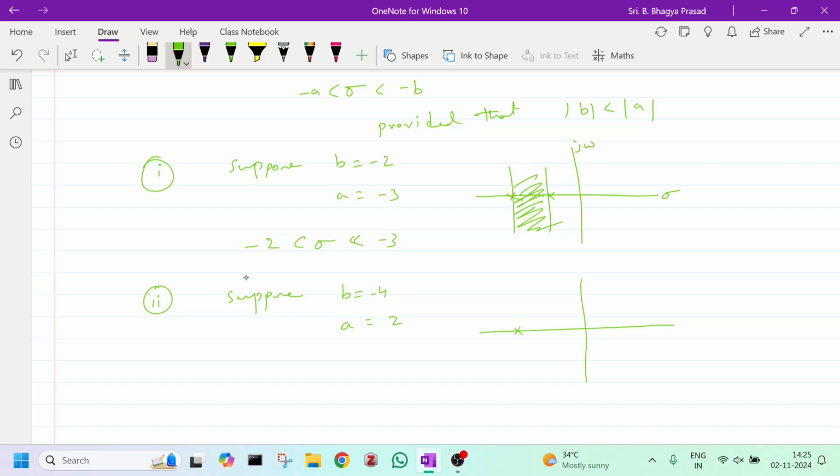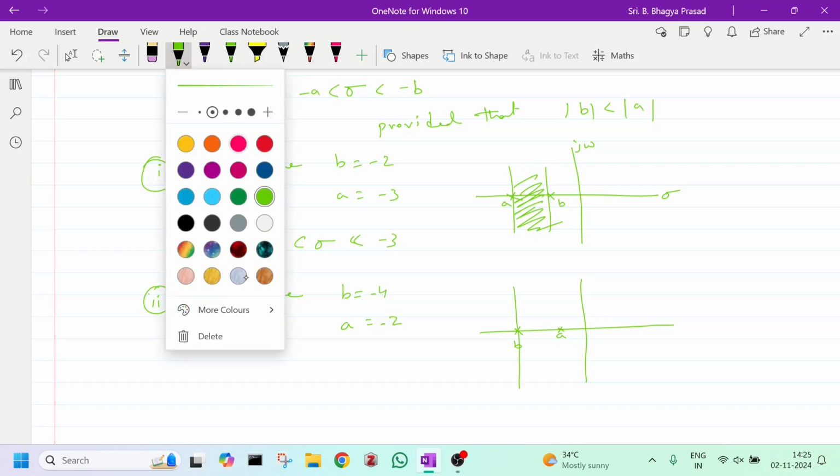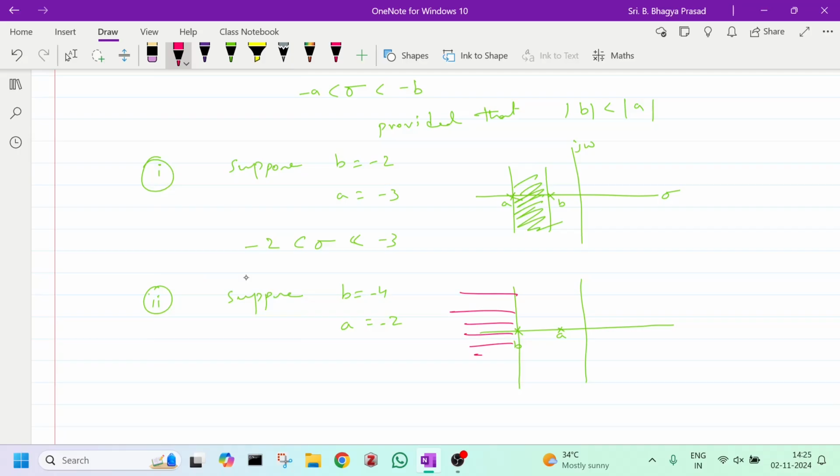This is A and this is B. So B is left-sided signal, so the ROC will be like this, and the pole consisting A is the right-sided signal, so the ROC will be like this.